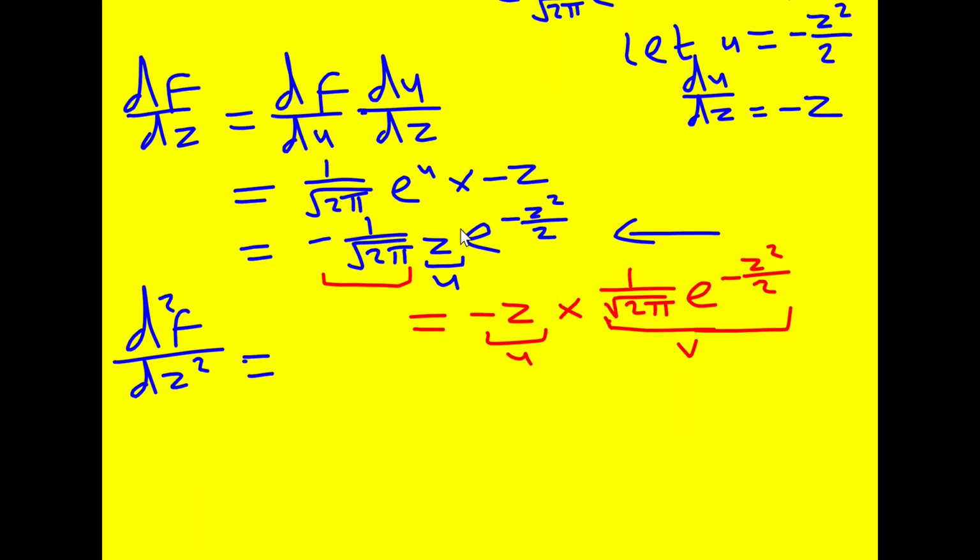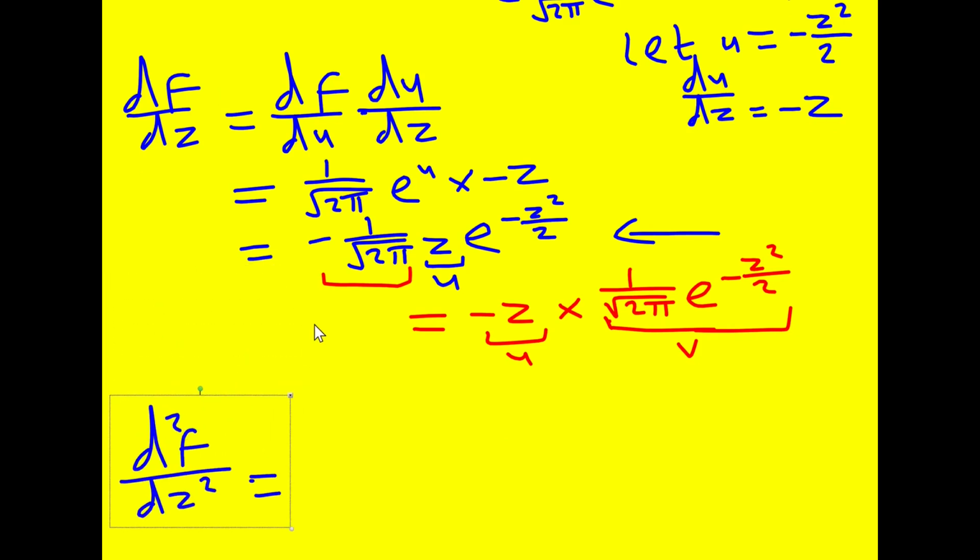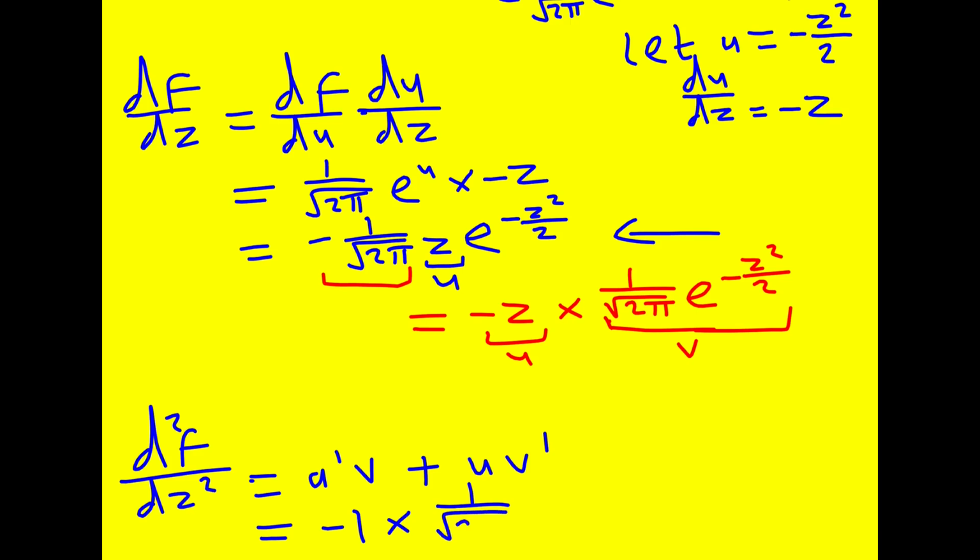So d2f by dz squared is going to be u prime v plus u v prime, and u prime is going to be minus 1. It's going to be minus 1 times 1 over root 2 pi e to the minus z squared over 2, plus minus z times this thing differentiated, which I've already done.